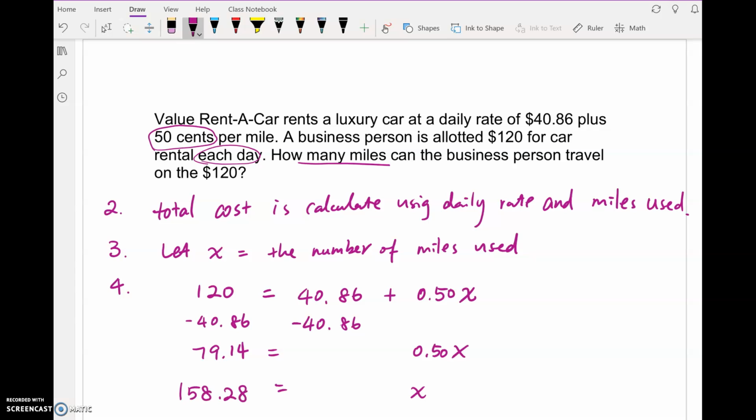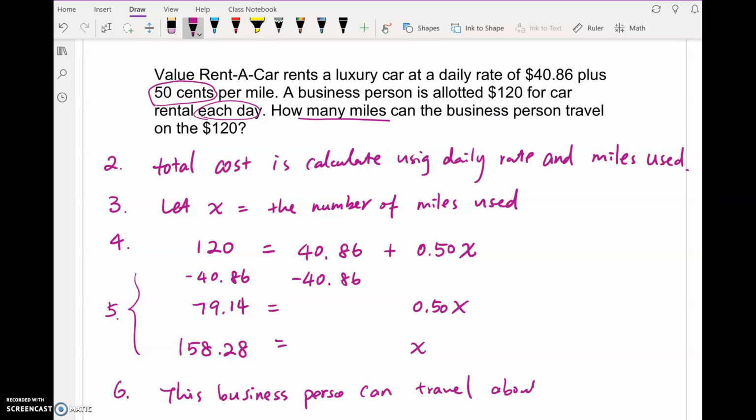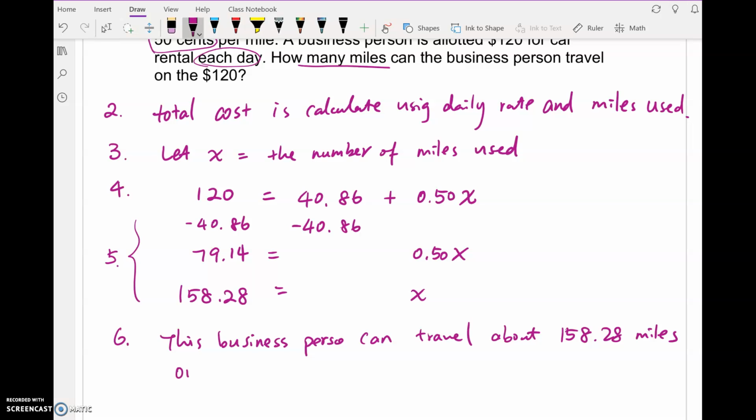So we got 158.28. So the person can travel about 158.28 miles on a budget of 120.